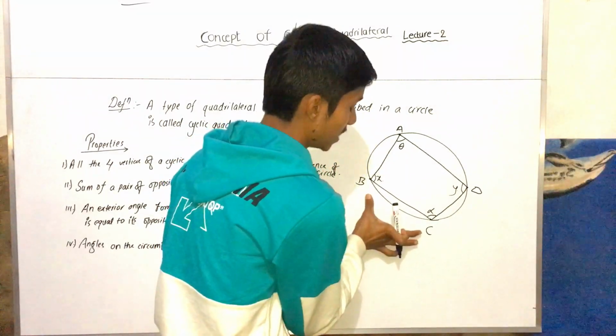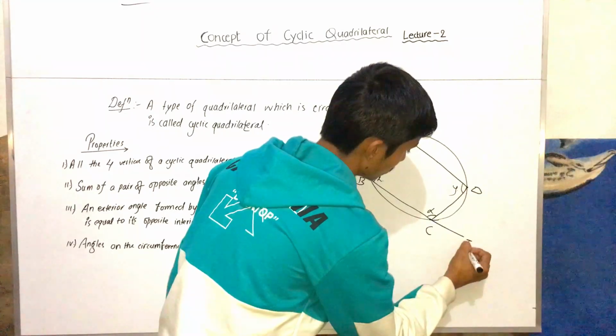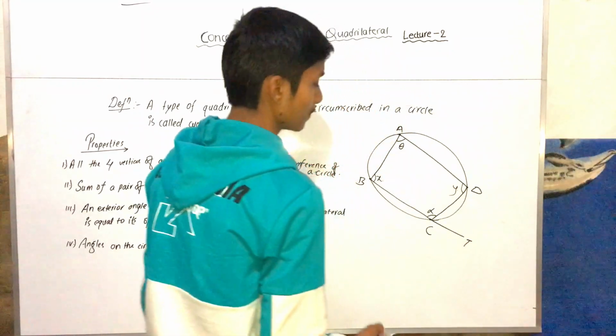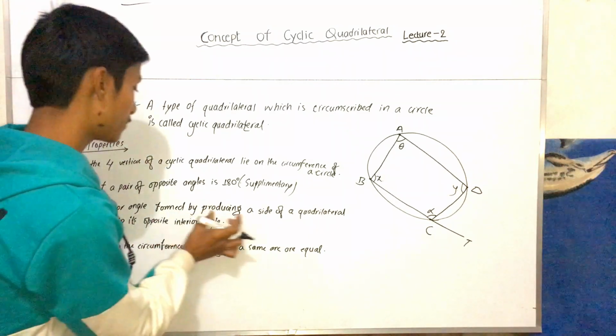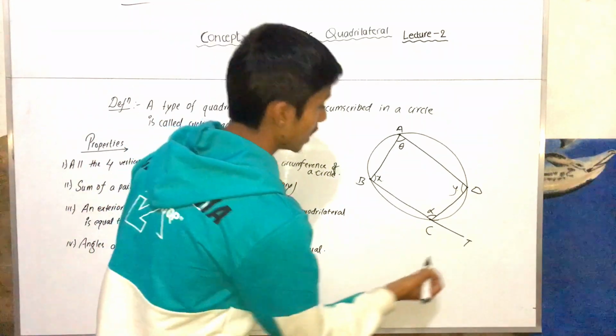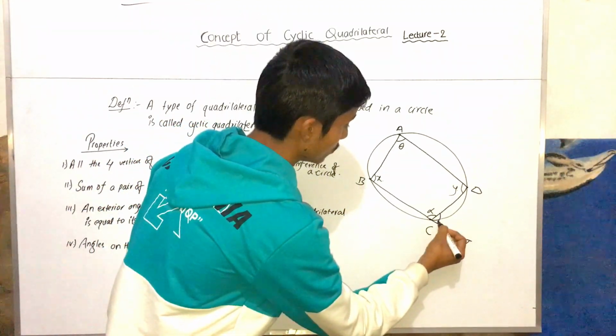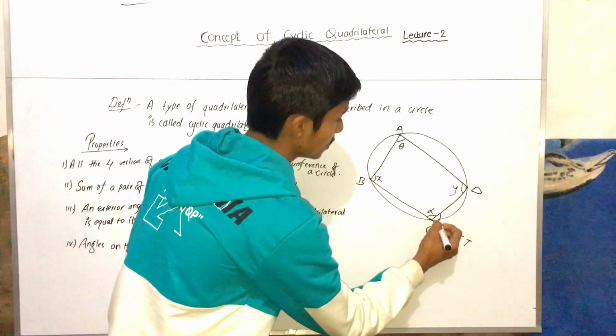Suppose I produce side BC to T, okay, T. Then according to this property, an exterior angle formed by producing a side of a quadrilateral, here the angle is formed.